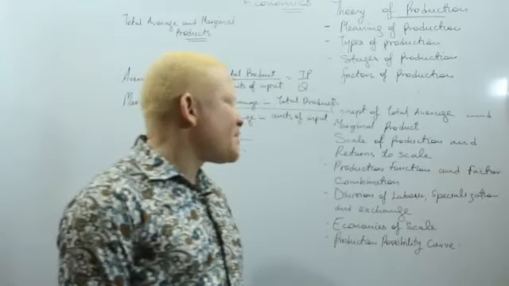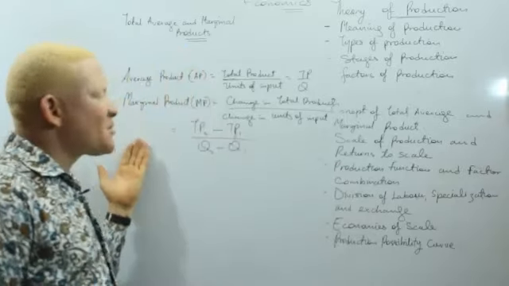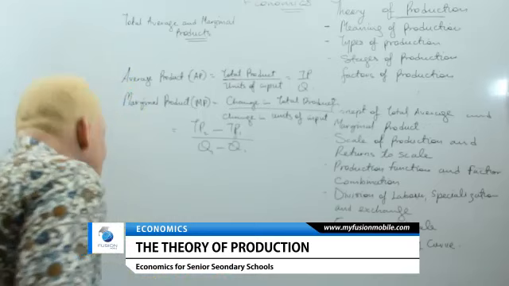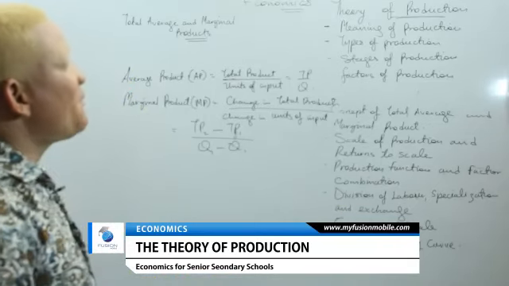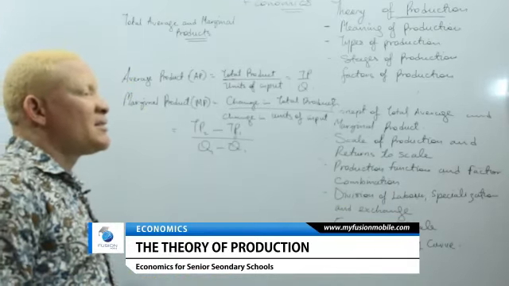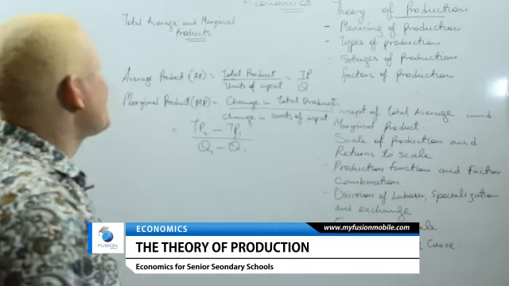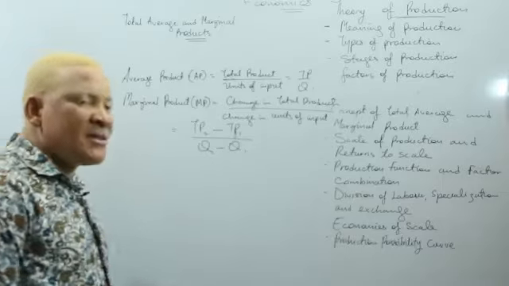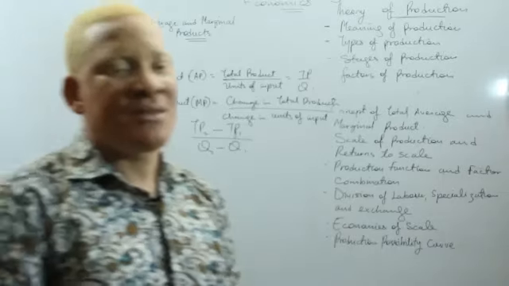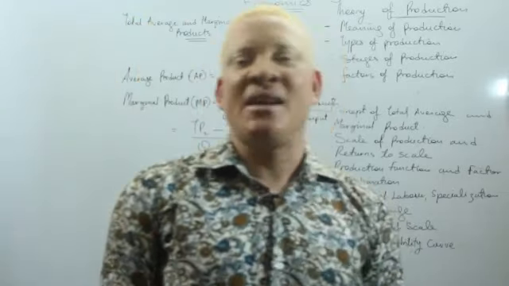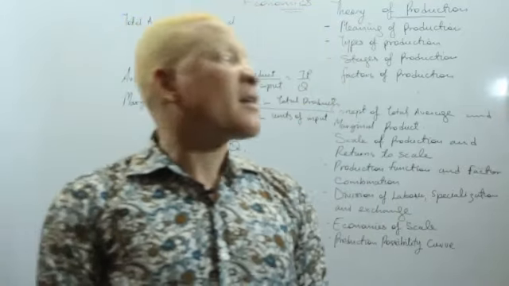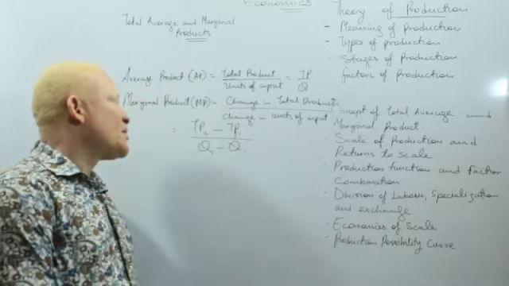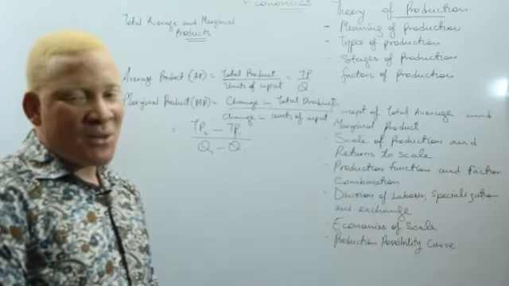Now, these concepts we are talking about here, concepts of total, average, and marginal product, let us see how they relate with each other. For instance, at the first point, the total product is increasing. Of course, it increases and definitely it is higher than every other concept there. It is higher than average product and it's higher than marginal product.